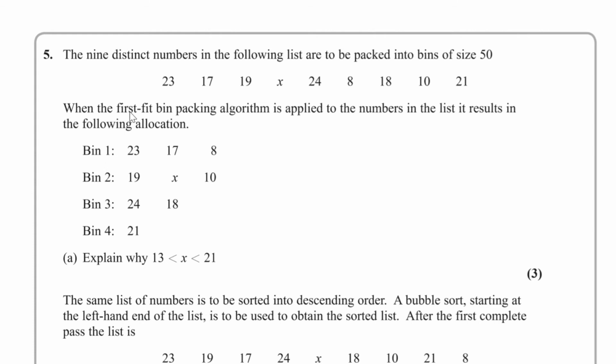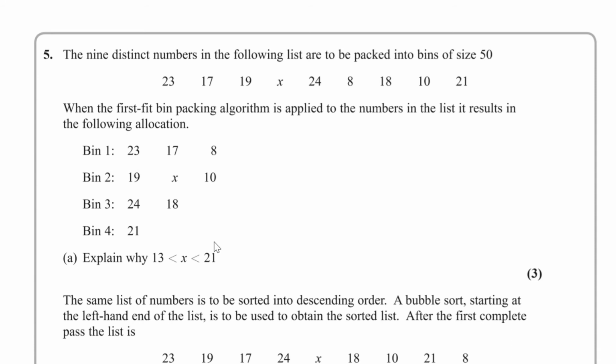So for bin 1 we've got 23, 17 and 8. Bin 2 we've got 19, x and 10, and for bin 3 we've got 24 and 18, and for bin 4 we've got 21. And for part A we have to explain why x is in between 13 and 21.